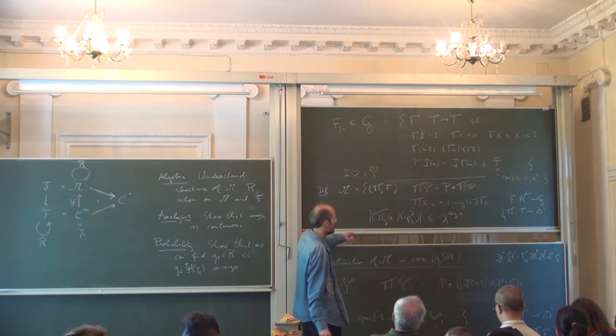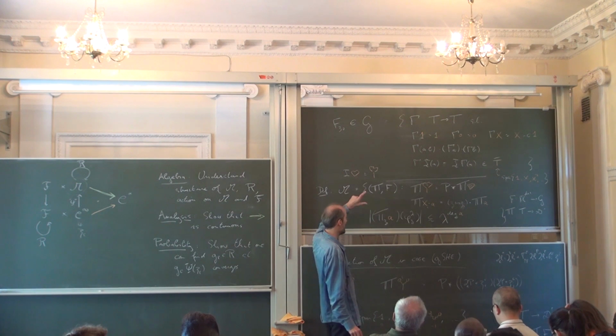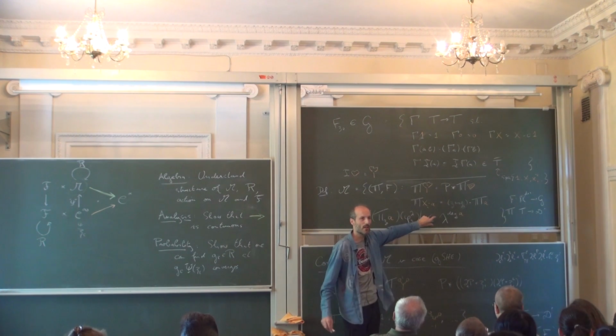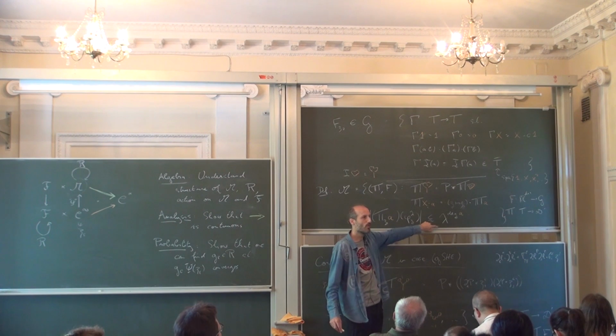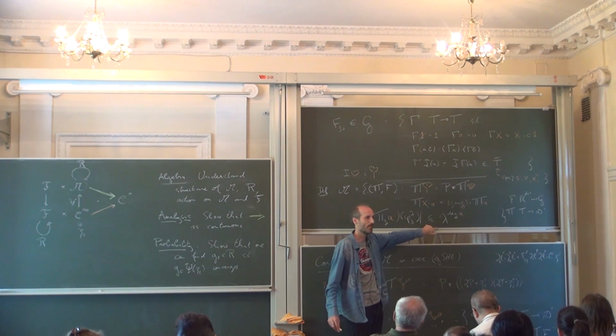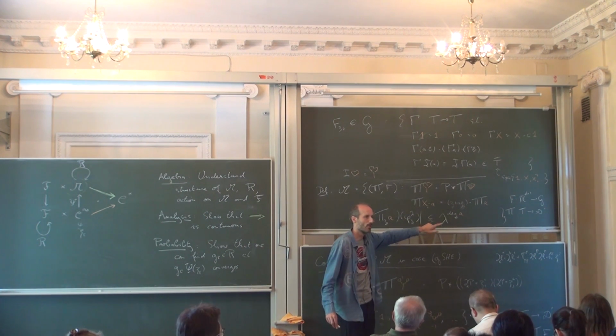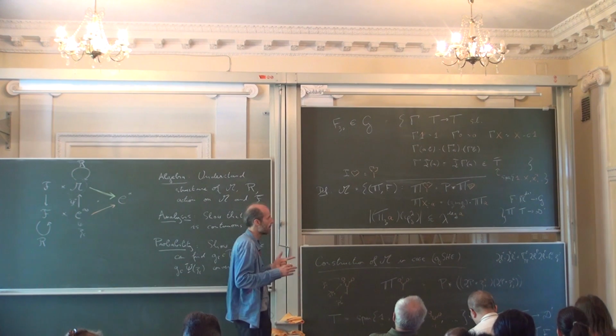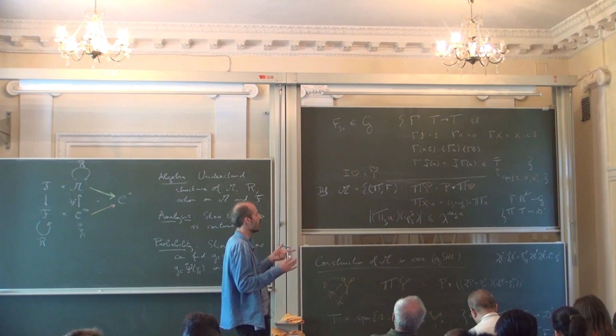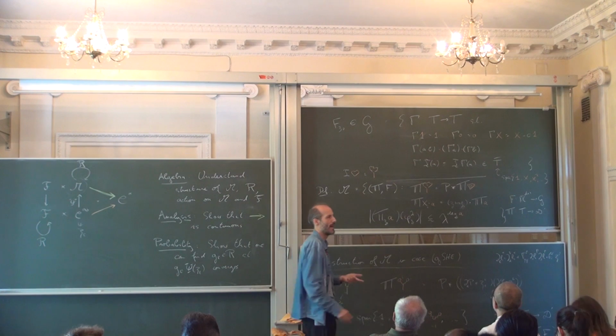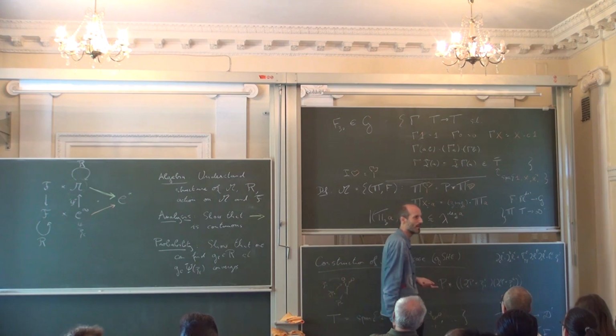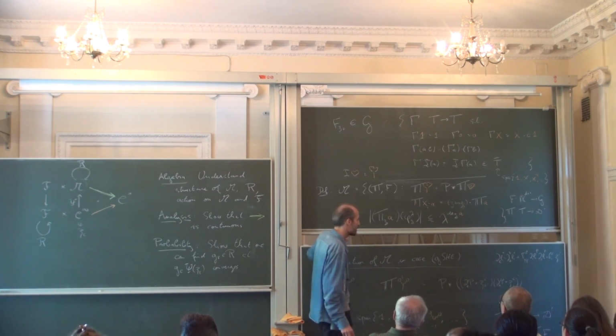Okay? So now this condition gives you an enormous amount of rigidity in this space. It's not totally trivial that this space is not empty, for example. Well, it turns out that it isn't.